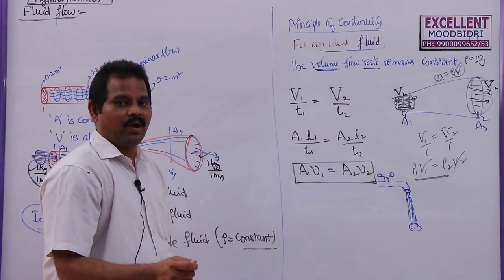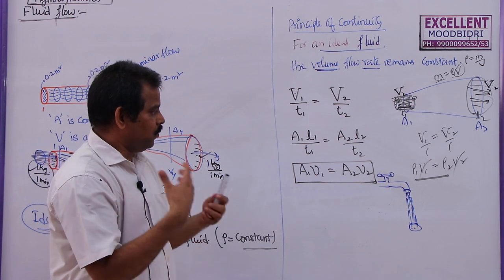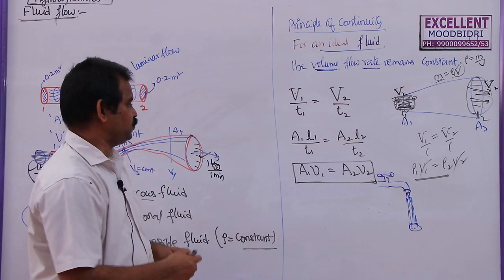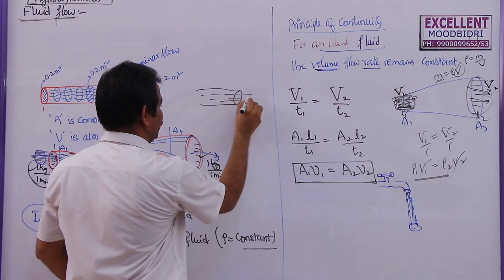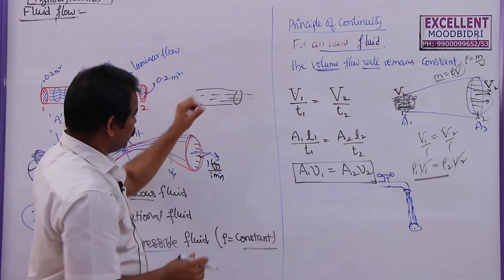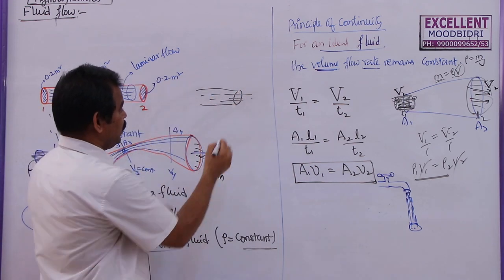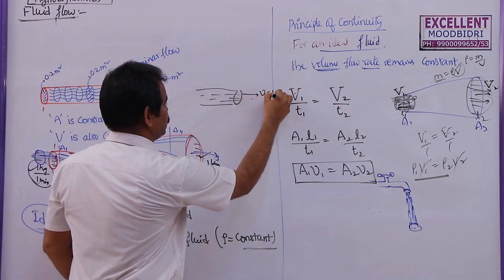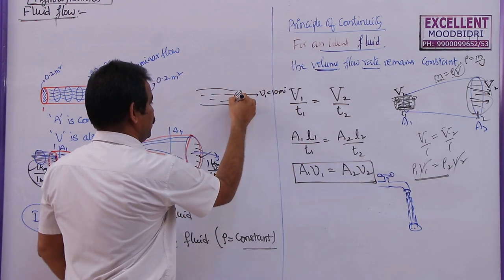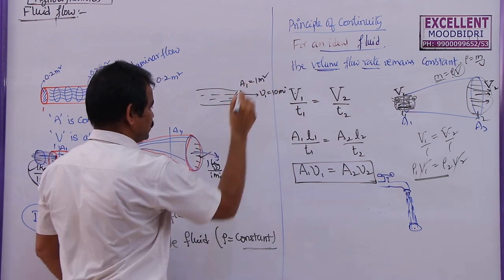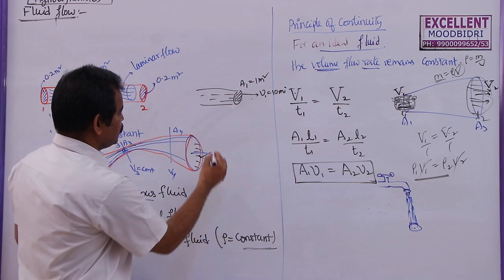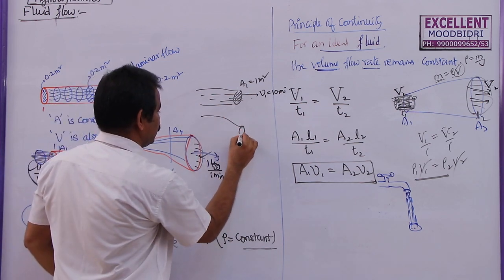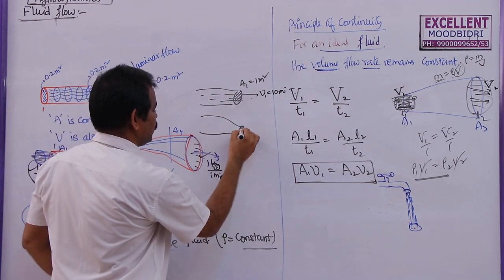Similarly, if you want to give more velocity for the fluid that is coming out of a hose pipe, generally what we do, so this is the pipe in which the water is coming. Let us say the velocity of this liquid is 10 meter per second when the area of cross section is 1 meter square. Now, if you press this outlet of this water hose pipe, that means we are going to decrease the area of cross section of the hose pipe.